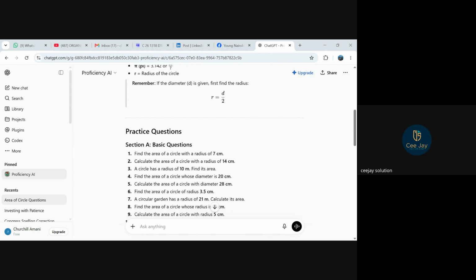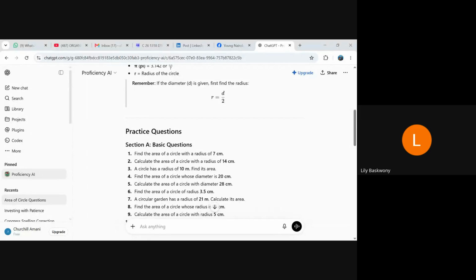Thank you. Let us appreciate Joshua. We go now to the last question, which is question 6. Find the area of a circle, radius 3.5 centimeter. For this number, I want Lily to explain to us question 6.